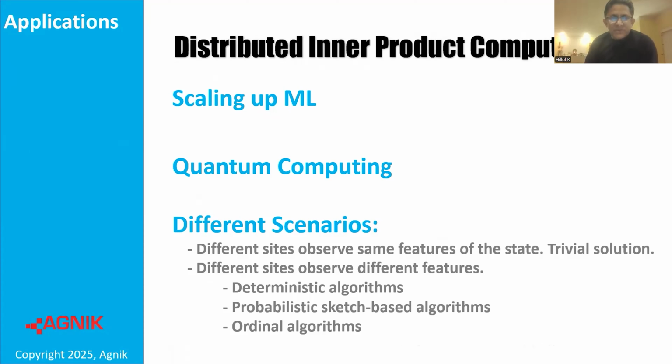And one thing I haven't mentioned here is that if you are interested in privacy preserving data mining, distributed inner product computation is also used there. For example, using secure multi-party computation, SMC techniques, inner product is computed in a distributed manner.